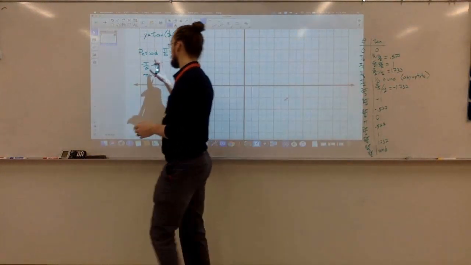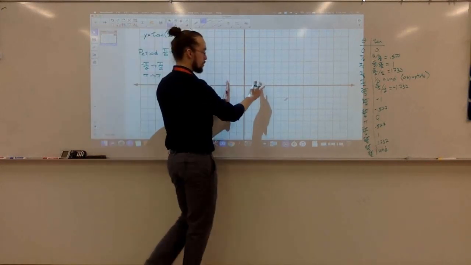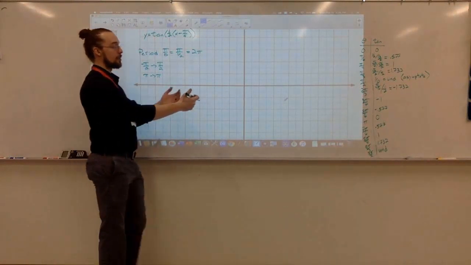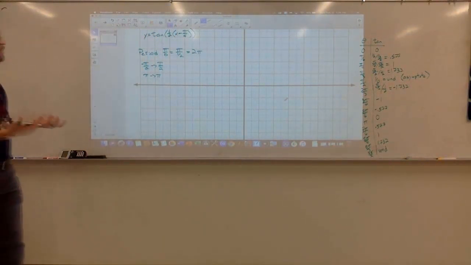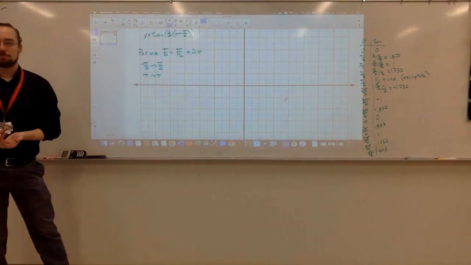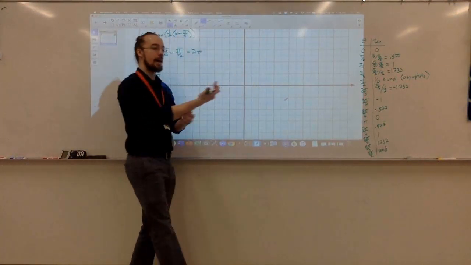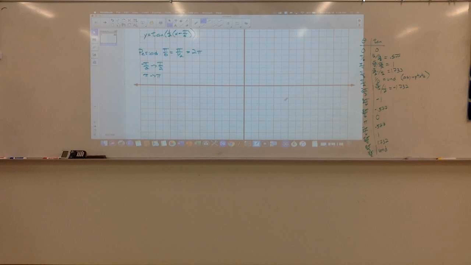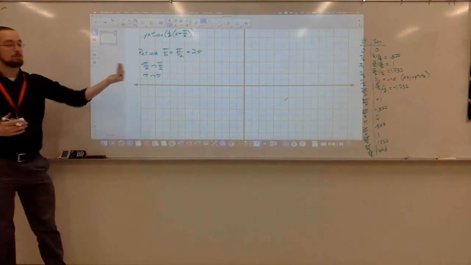In this case, for tangent, since my normal period goes from negative pi over 2 to pi over 2, we want to think about stretching out our period so that half of it is still on either side of the y-axis. So if my period is 2 pi, I want half of that on either side of the y-axis. If my period was 7 pi, I would want half of that on either side of the y-axis. So if it were 7 pi, I would want 3.5 pi on either side of the y-axis.